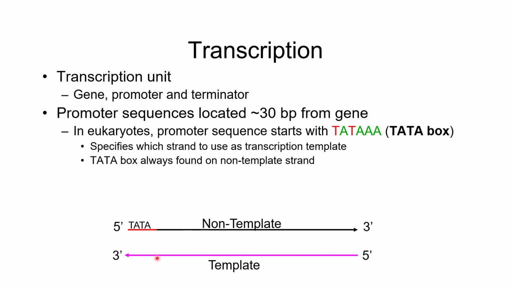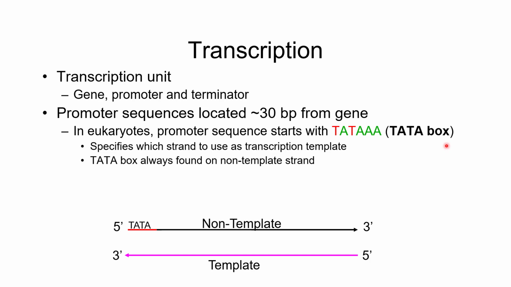In general, promoters are DNA sequences that are found around 30 to 40 base pairs away from the gene of interest. So in eukaryotes, that promoter sequence generally starts with what we call TATA. So it's a T-A-T-A-A-A motif.